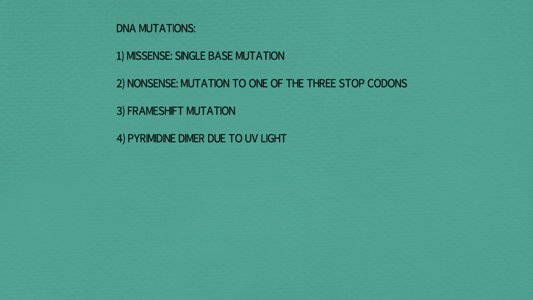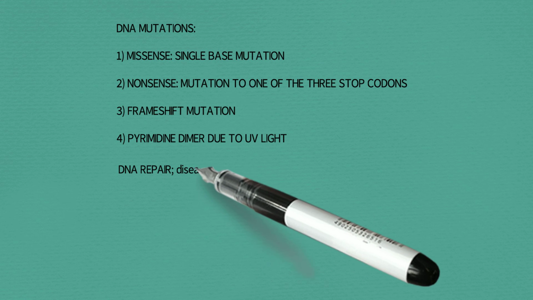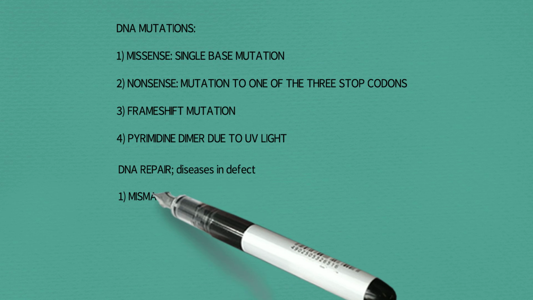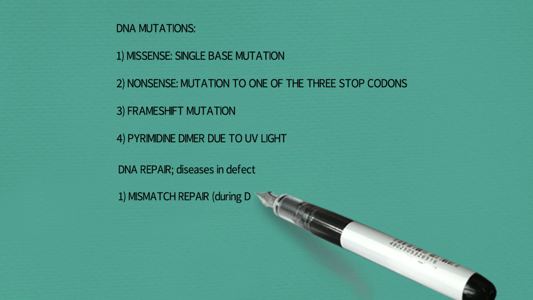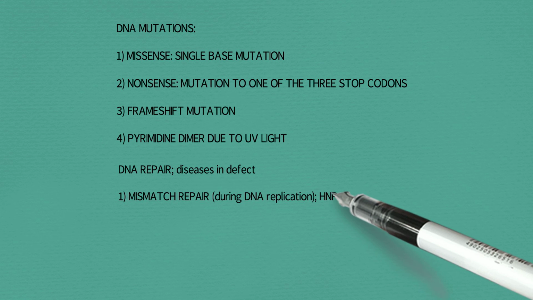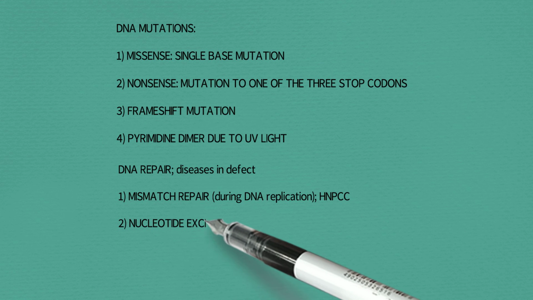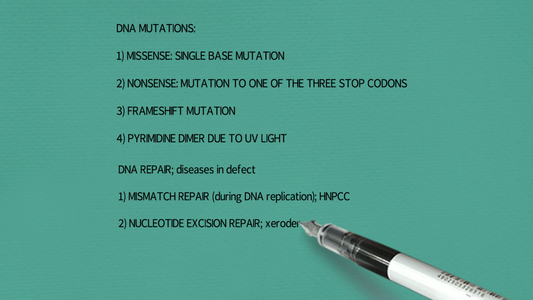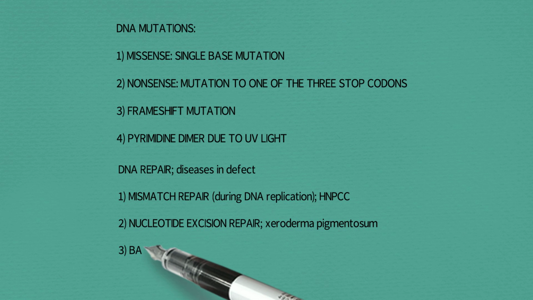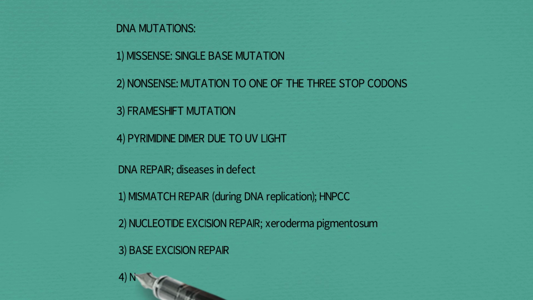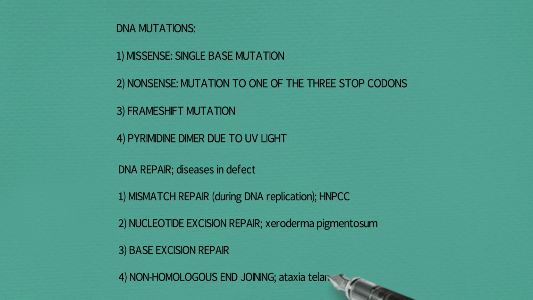Now, you shouldn't worry too much about these DNA mutations happening in your body, because there are DNA repair mechanisms that correct these. The first one being mismatch repair, and this happens during DNA replication itself. So a defect in these DNA repair mechanisms can lead to cancers. So in this case is HNPCC, hereditary non-polyposis colorectal cancer.